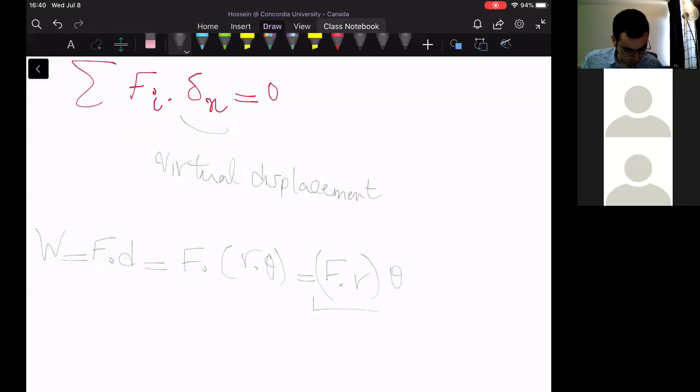F multiplied by r is moment, therefore it can be written as M theta. So work can be calculated as force multiplied by displacement, or moment multiplied by rotation theta.